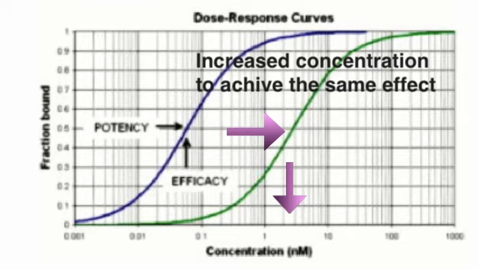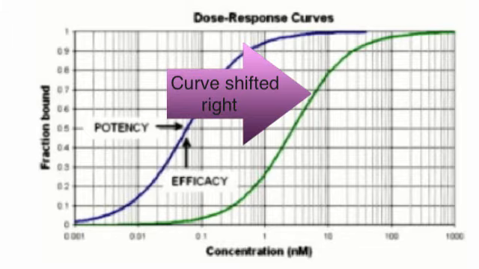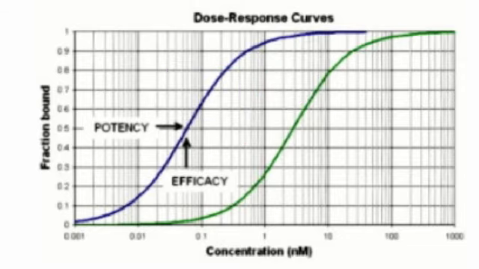As soon as we give more and more drug, we can outnumber this competitor. We're bullying him out of the way, saying we want that receptor. So now we overwhelm the substance, and that gives us our desired effect. Now if we look at the dose-response curve, this means that the curve is shifted to the right because you need more drug to get the same effect.